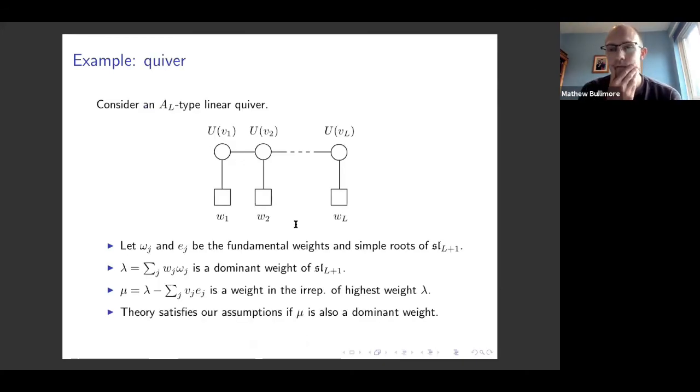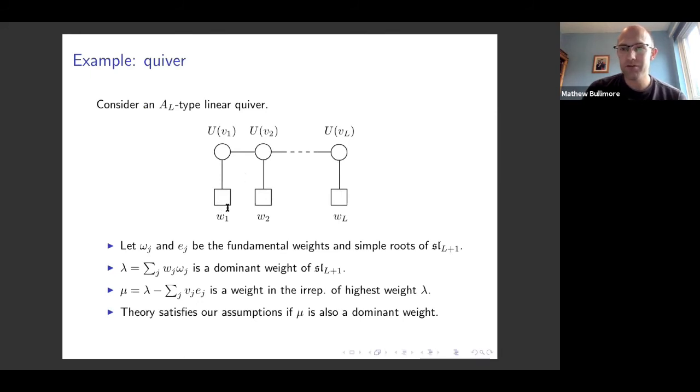Let me just give another example. So last time we discussed quiver gauge theories, and I introduced these A-type linear quiver gauge theories. Because it has a nice bit of representation theory, I just wanted to review that and tell you which classes of these theories satisfy this assumption that I just said. So we have this linear quiver. The gauge group was a product of unitary groups, one for each of the circular nodes.